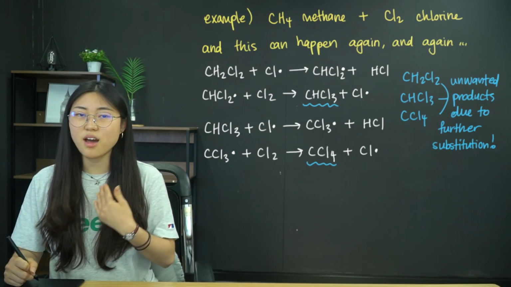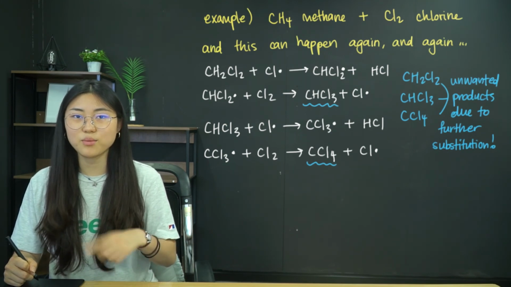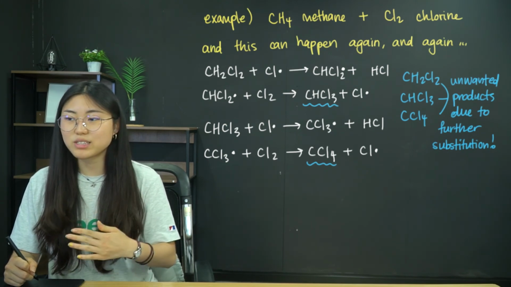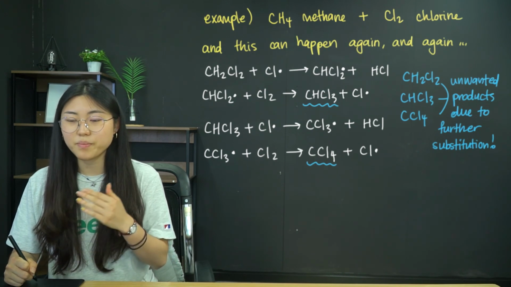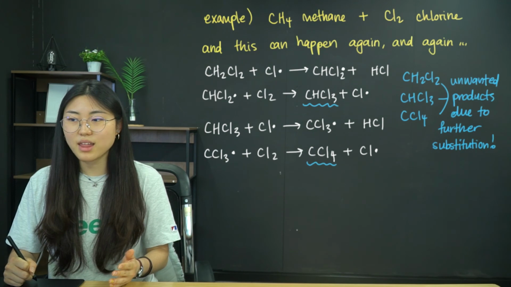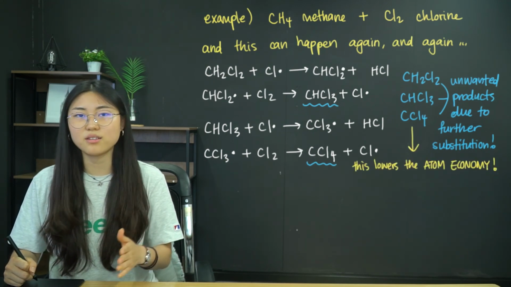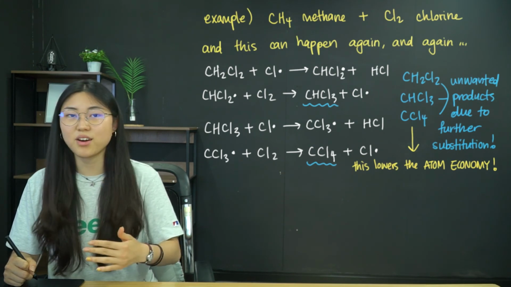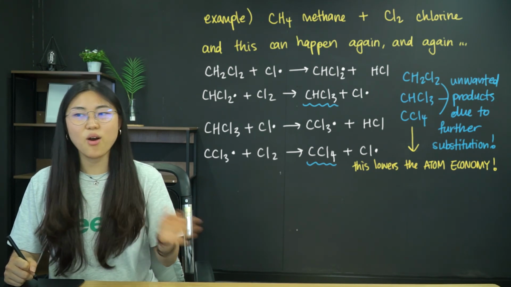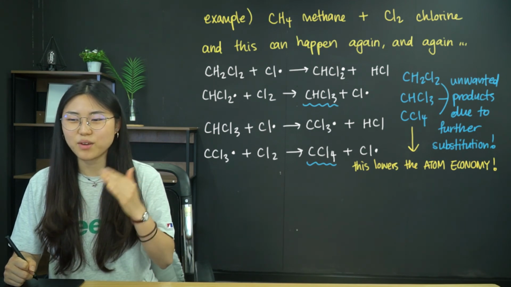I wanted just one chlorine substituted, just chloromethane, but all these three products can be produced by further substitution, meaning that the atom economy can be lowered by a lot. Atom economy is desired product over all products formed, right? So the fraction is going to get very small.